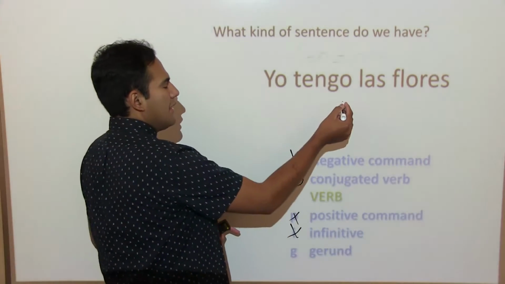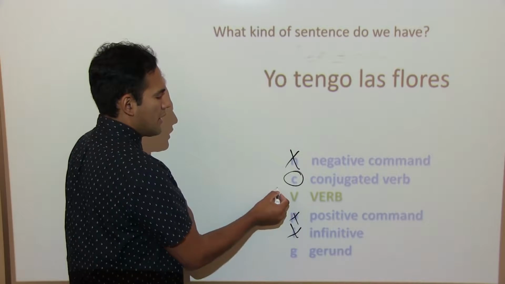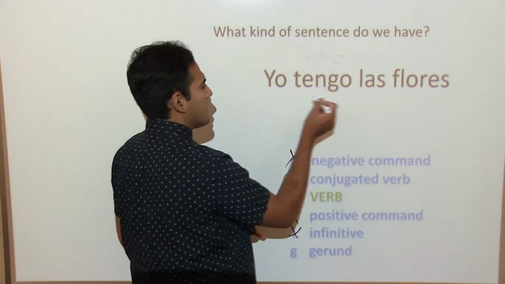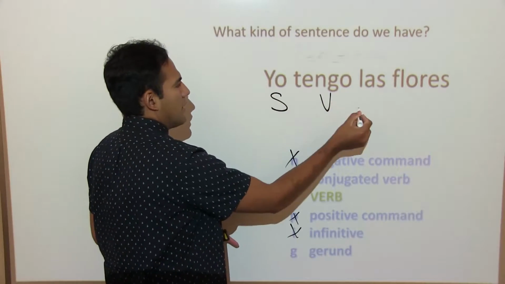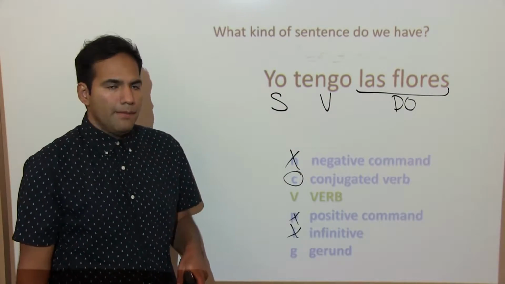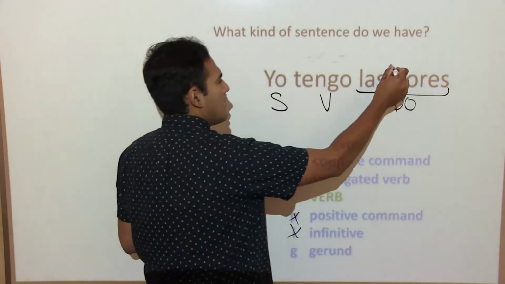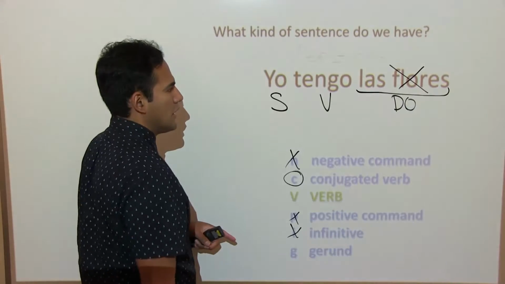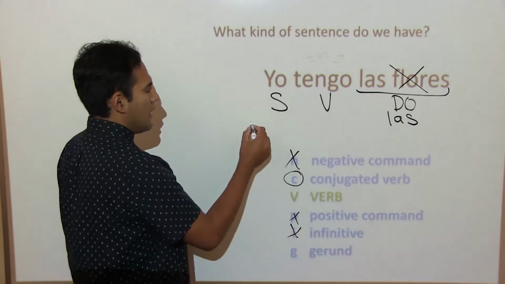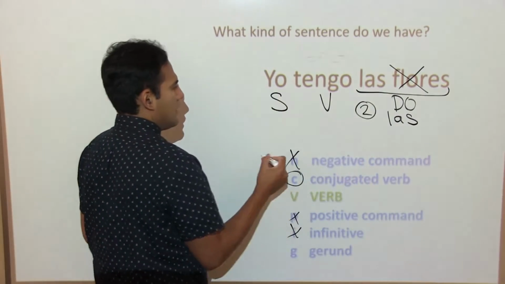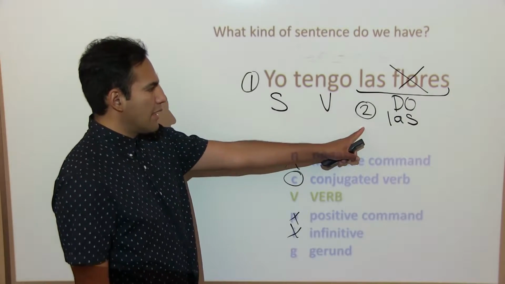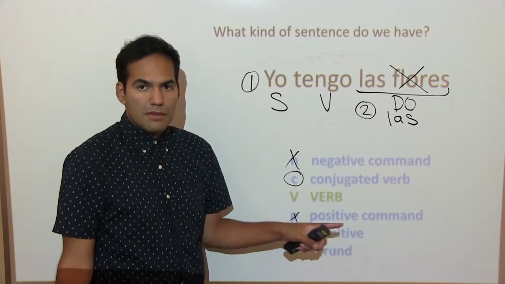Okay, so now we know it's going to go before the verb, so now let's replace. Yo tengo las flores. We have our subject, our verb, and this is going to be our direct object. Next, we're going to replace that with the pronoun, in this case, las. So that will be our second step. Our first step is identify what they are. The second step is identify the direct object pronoun.